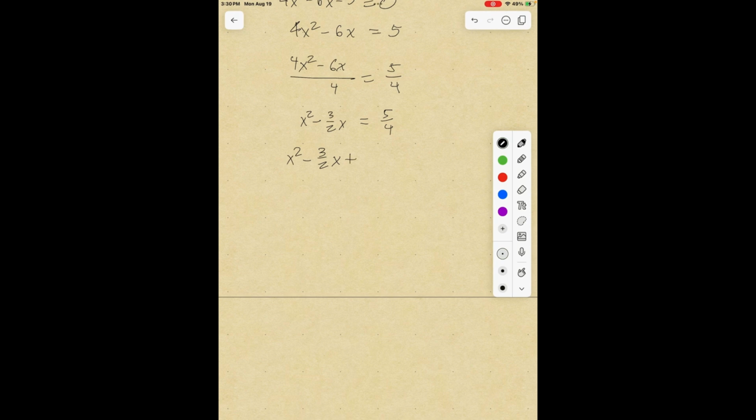Now b is actually negative 3 over 2, because I have a negative sign. So this is x squared plus negative 3 over 2 x. So I add b over 2 squared, and that gives b squared over 4, that's 9 over 16. So I add 9 over 16.